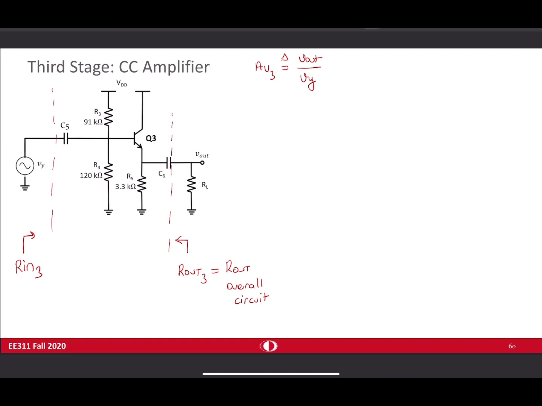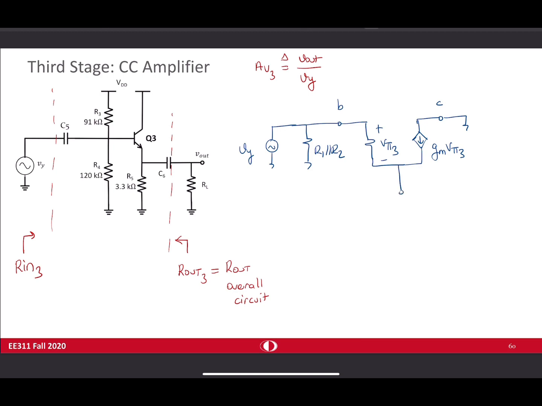So let's draw the small signal model to prove this. Again, we apply Vy at the input. We have R1 in parallel with R2, base, collector is grounded, Gm V pi 3 plus minus V pi 3, emitter.